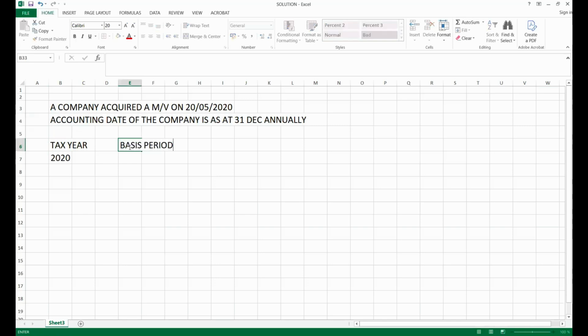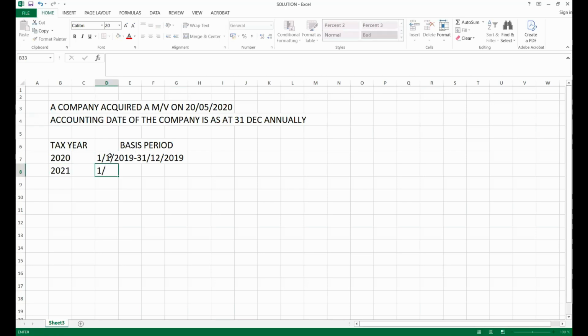If the accounting date is 31st December annually, what is the basis period for 2020 year of assessment? 1/1/2019 to 31/12/2019, preceding year basis.